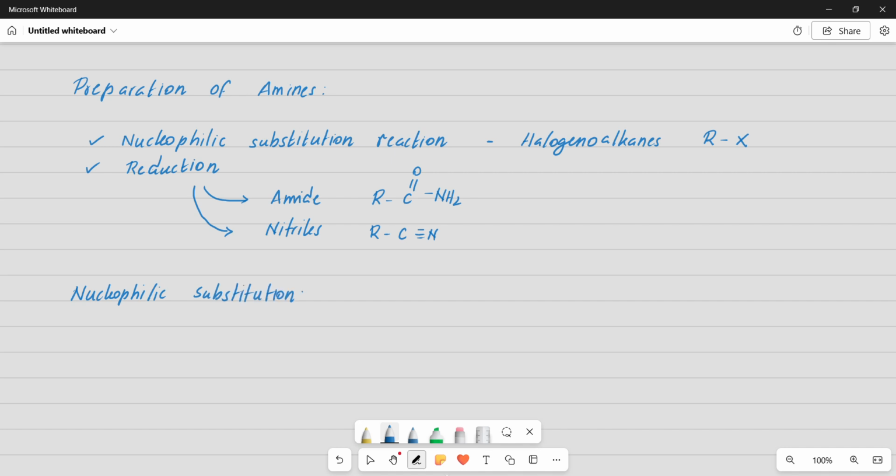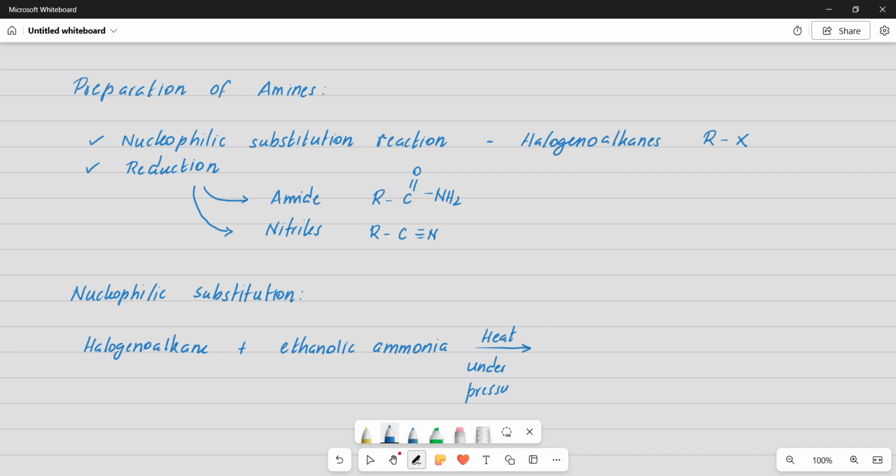As I said, we are going to take halogenoalkane, which is the reactant, which reacts with ethanolic ammonia, which is a nucleophile, and we are going to use heat, and the reaction takes place under pressure.